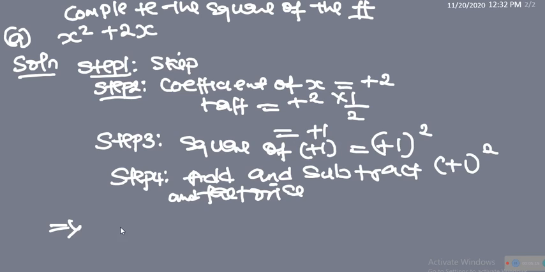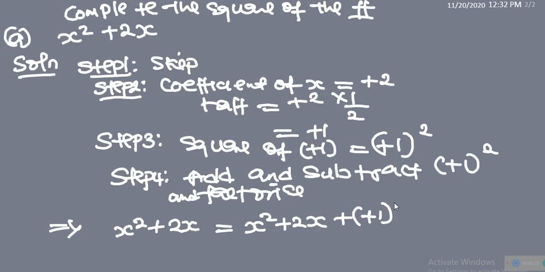So we are going to have x² + 2x equal to x² + 2x, add the square of the half, +1², and then subtract it again, −(+1)². So if we simplify this, of course, this is now a perfect square.